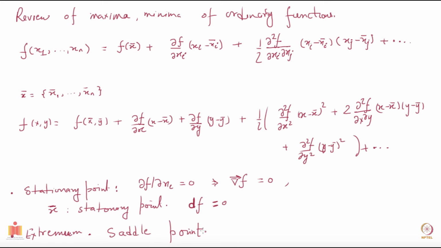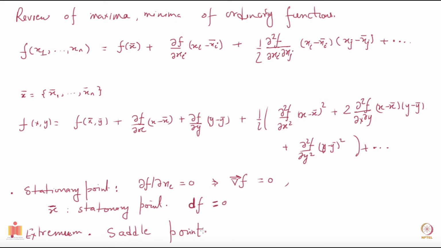You just take the derivatives, and if all the derivatives are 0, then you say that it's a stationary point. But what if all the variables x1, x2, and so forth, xn, are not independent of each other, but there are conditions which constrain them? Then how do I find out where the maximum or minimum, or more generally stationary points, are located?